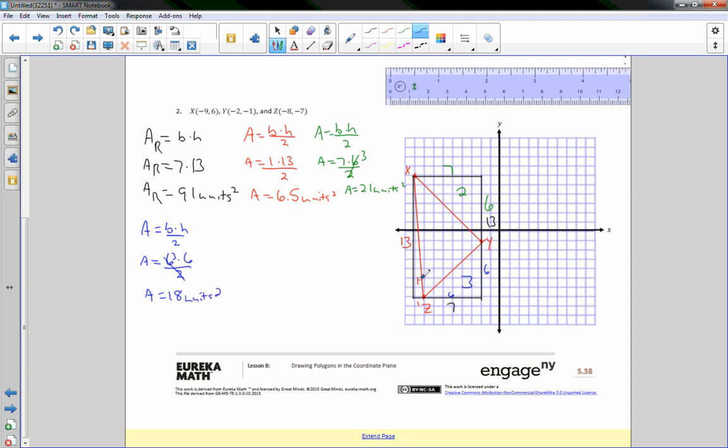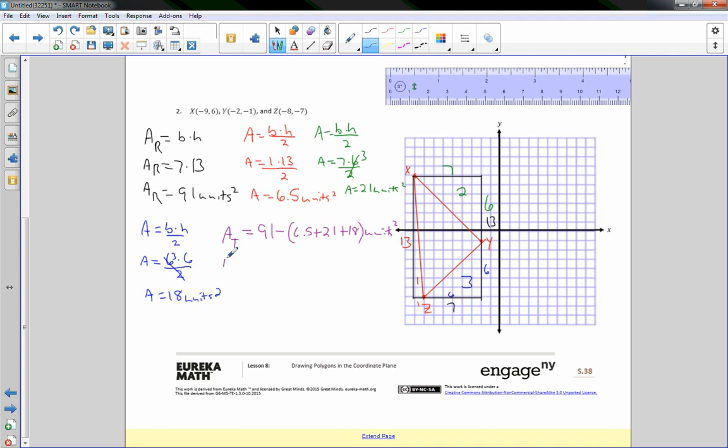So I found the area of the triangle here, and the triangle here, and I know the whole thing. So the red triangle in the middle is going to be the total minus these other 3. Okay, so I'll use purple here. I haven't used that yet. So the area total equals the whole area, 91, minus the sum of the other 3 triangles that are outside this triangle here, which would be 6.5 plus 21 plus 18 units squared.